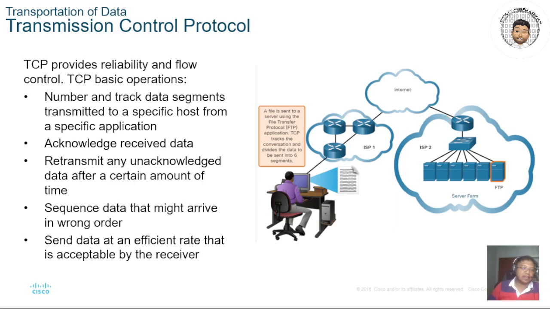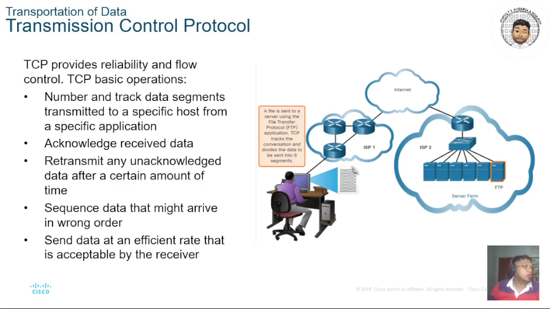Instead of 1 to 10, you have 1, 2, 3, 4, 6, 7, 8, 9, 10, and 5. So the TCP protocol at the destination will refer to the header in the segment, which contains the order of the data, and it will reassemble the segments in sequence so that the data can be processed by the receiver.